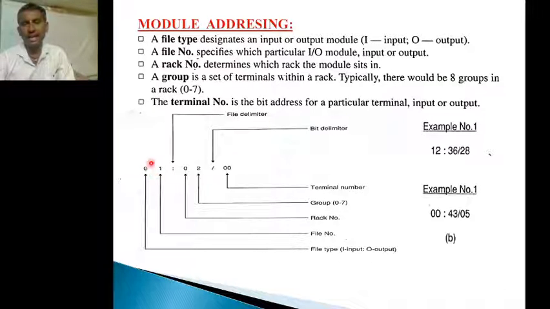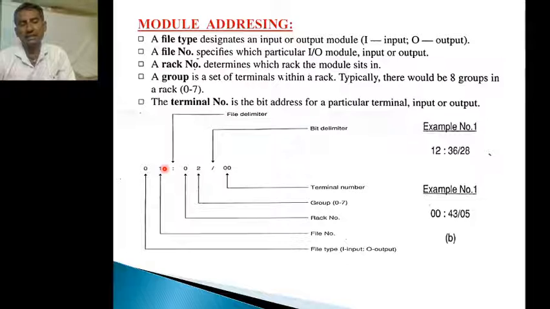Next is the file number. The file number specifies the particular IO module, that is, which particular input or output module, which input device or output device. And next the rack number.